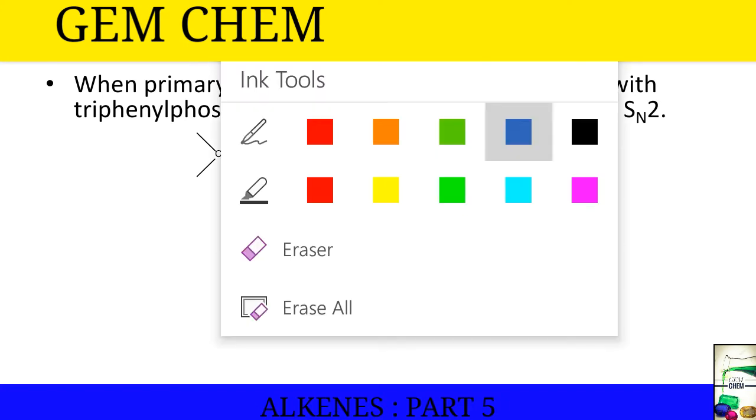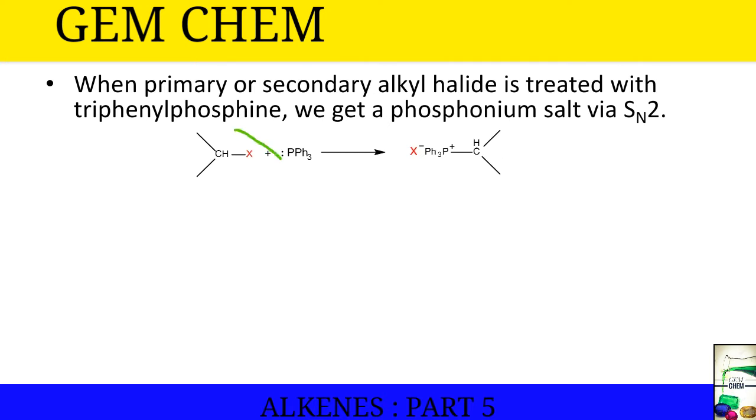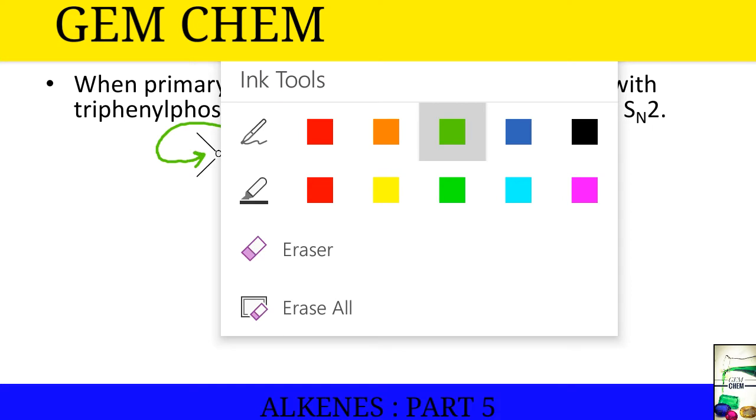Now see how the attack occurs. This lone pair attacks from the back side and forms this bond, and this X comes out. This X can be any kind of halogen or any kind of leaving group.